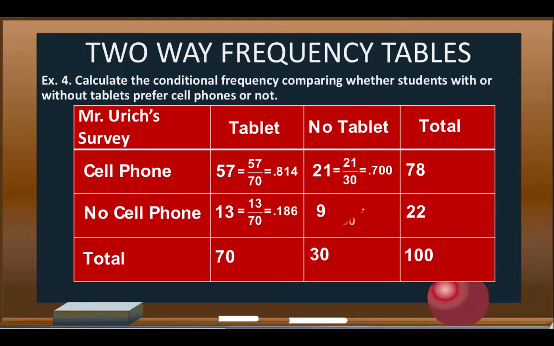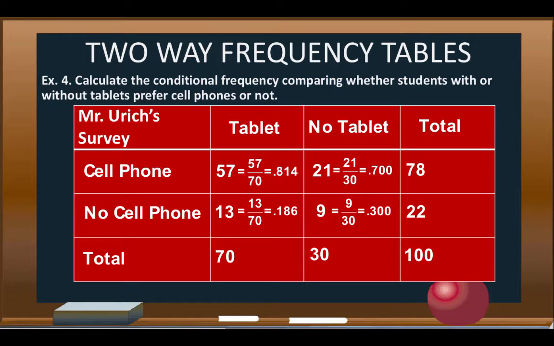Now let's go back to this last example. Now that we're focusing in on students who have tablets and students who do not have tablets, maybe he is wanting to look into students who do not have a tablet.